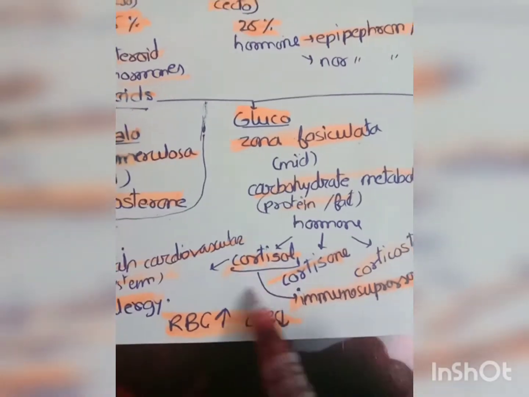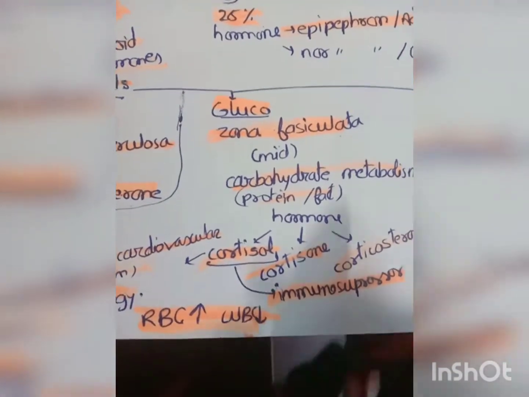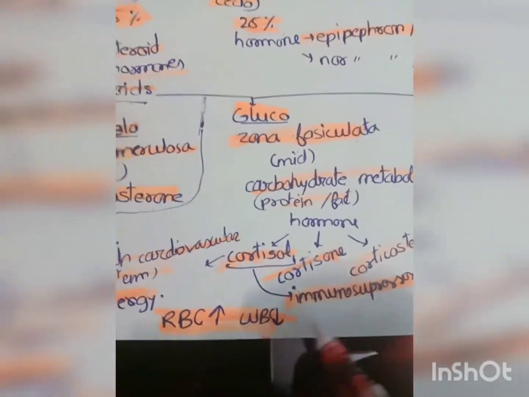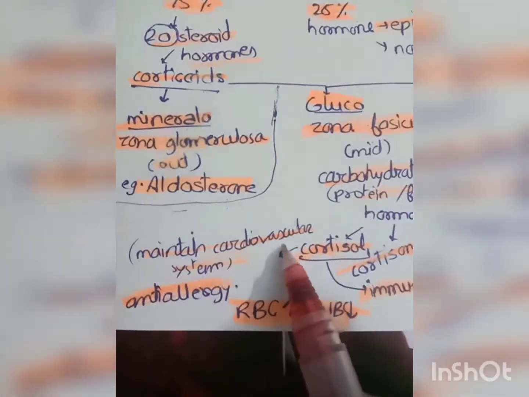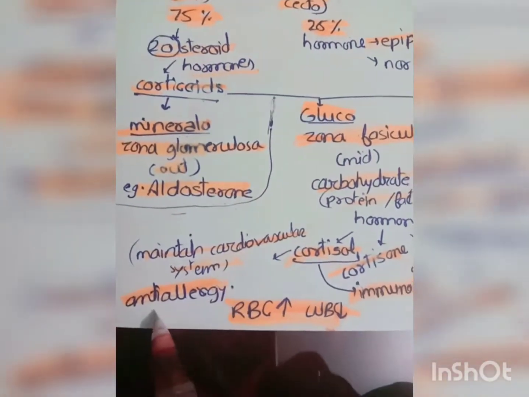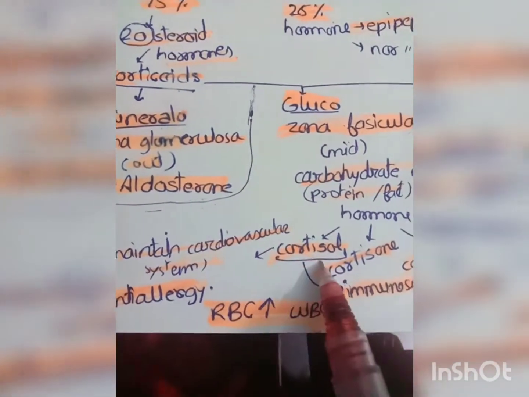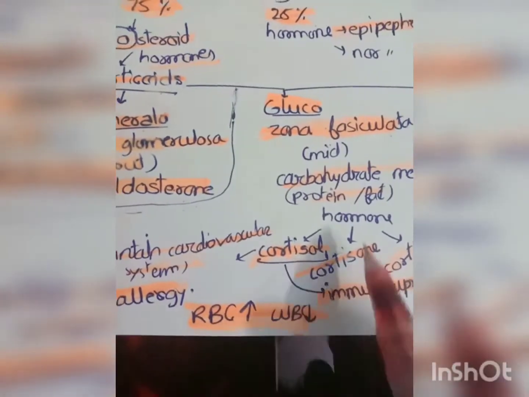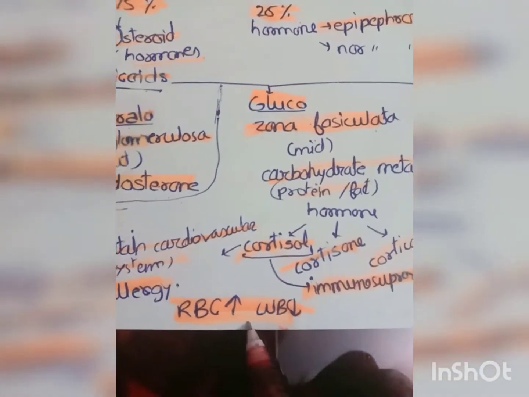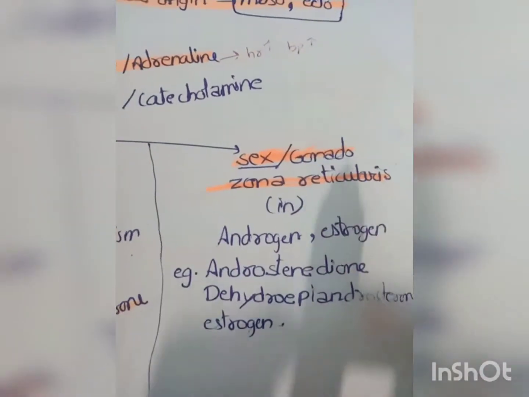Cortisol is an immunosuppressor, meaning it suppresses our immune system. It maintains the cardiovascular system and it is anti-allergic in nature. We are talking about cortisol. It is also responsible for formation of RBC in our body. Now the last one, that is sex corticoids.